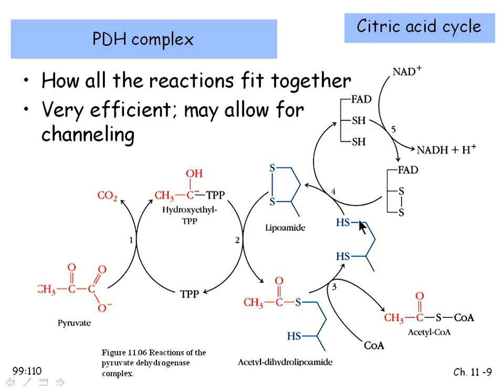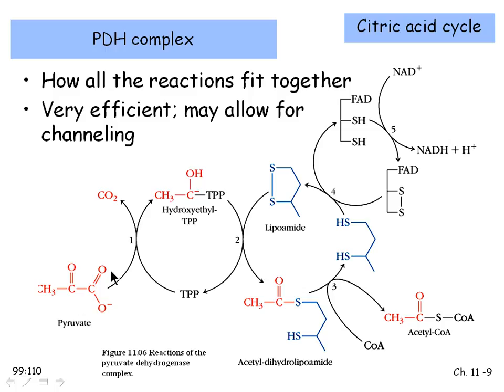The reduced lipoamide has to be oxidized, which is going to be accomplished through an FAD that stays on the enzyme. And the electrons that go onto the FAD are transferred to an NAD+ to release NADH. So this is almost like an assembly line. This huge complex has the job of taking in stuff and putting out other stuff through a rather complicated reaction.